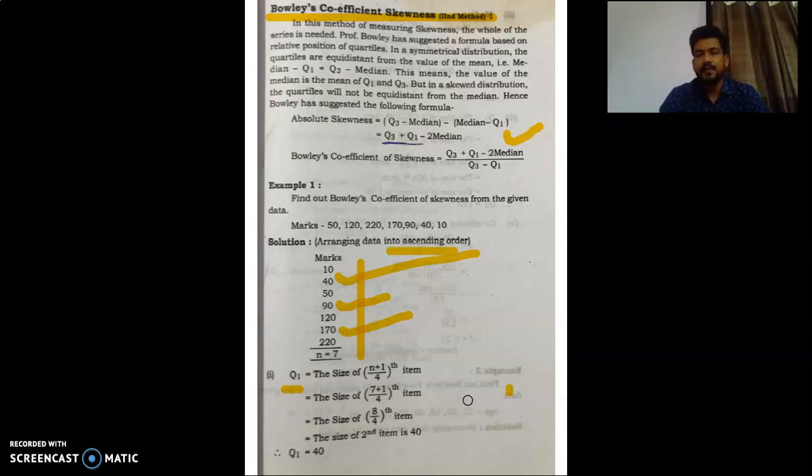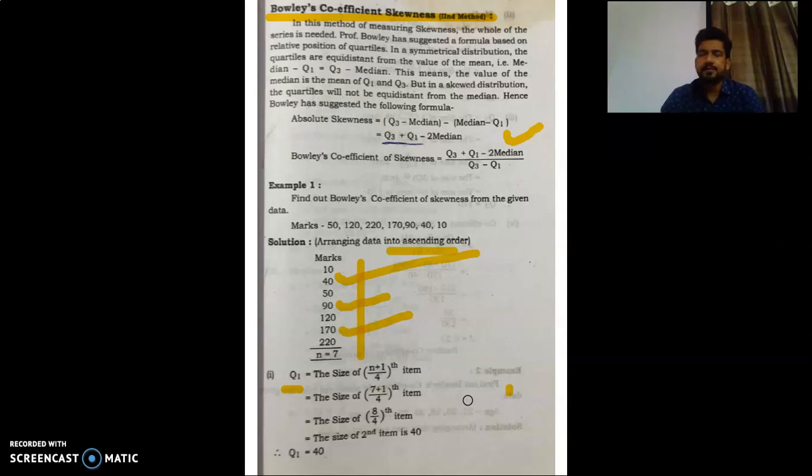We just finished Bowley's coefficient of skewness, the second method of unit number 3, for individual series. I hope you understand the concept behind it and the problem of individual series.